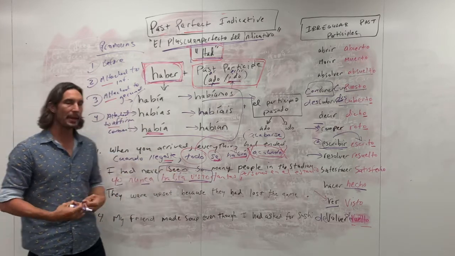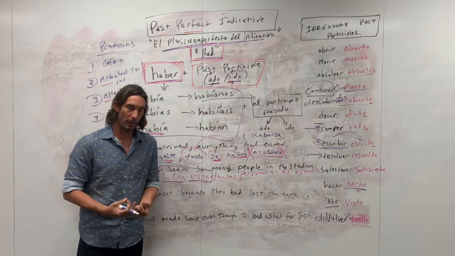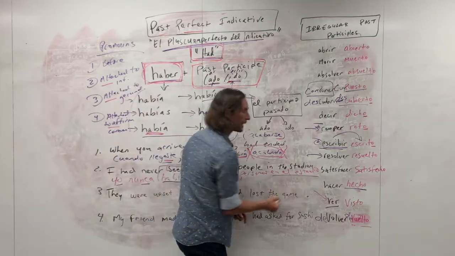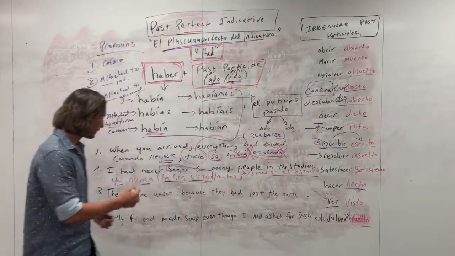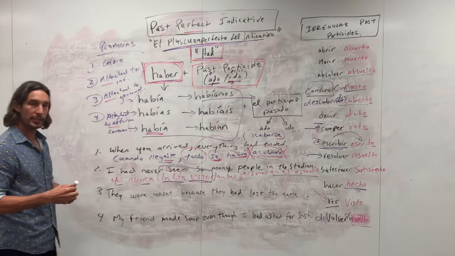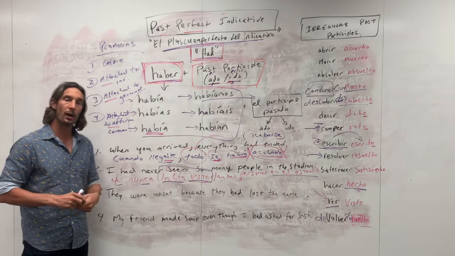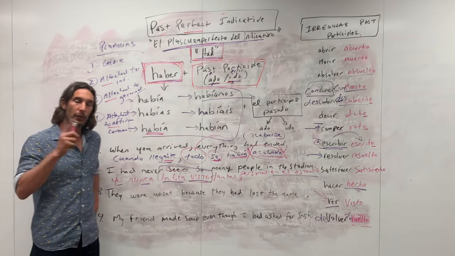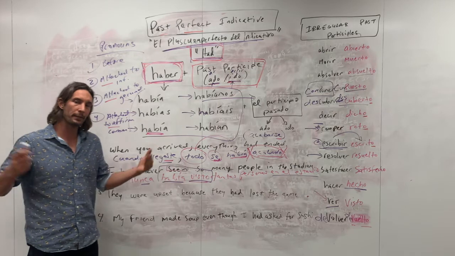Yo nunca había visto tantas personas en el estadio, in the stadium, right? So, like I said, moving along, for those of you who paused to see if you could do these on your own, awesome. Let's see how well you did. For those of you who are just moving right along with me, that's cool too.